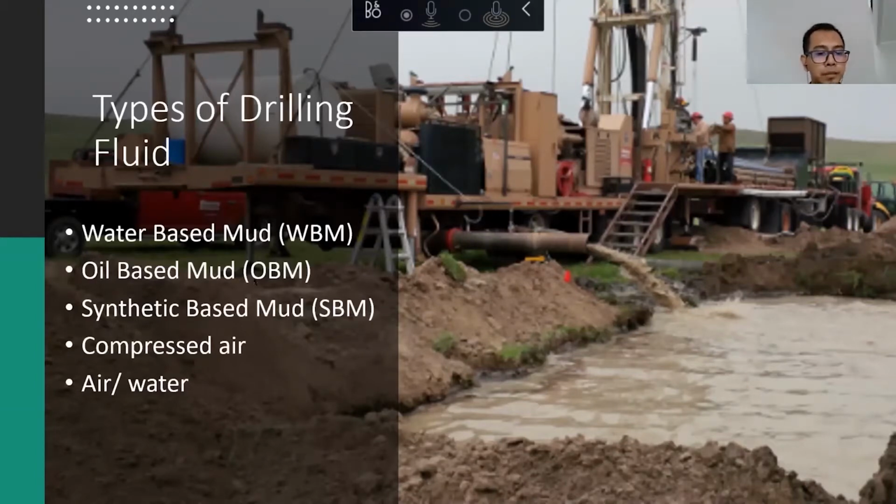So for water-based mud, the base of the fluid is water. For oil-based mud, the base of the fluid is oil. Sometimes they use diesel oil, the diesel that we buy in the gas station.